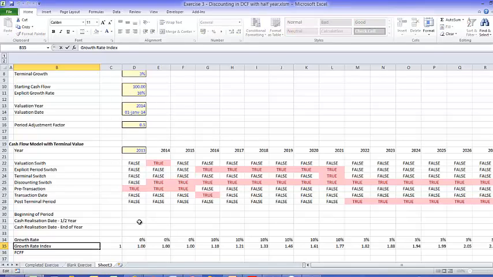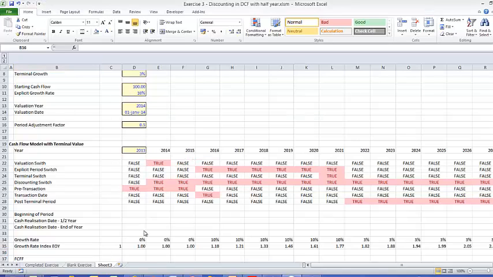This is end of the year. Now, what we could do is make a growth rate index periodic. If it's the middle of the year, we would take this growth rate multiplied by, why don't we do it like this? This is the growth rate index end of the year.